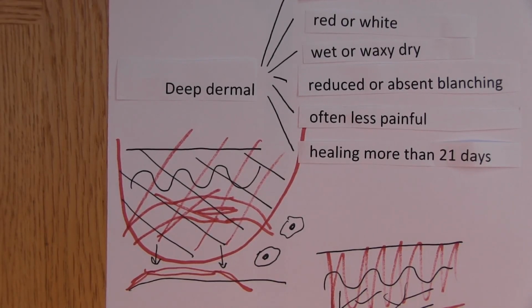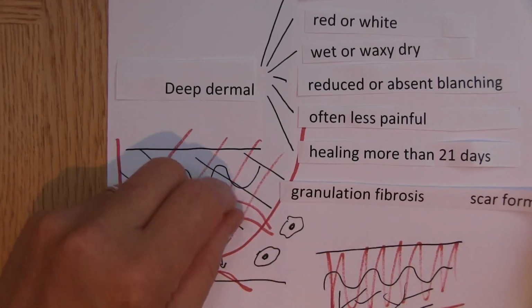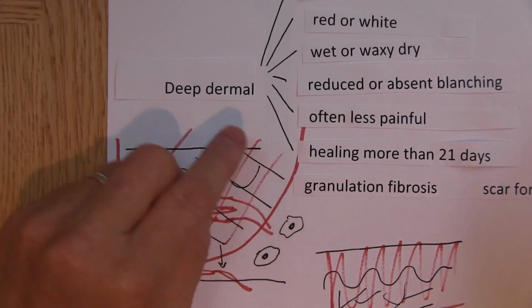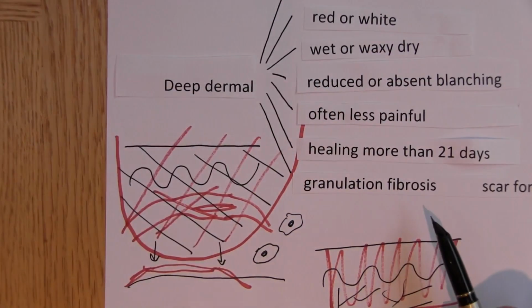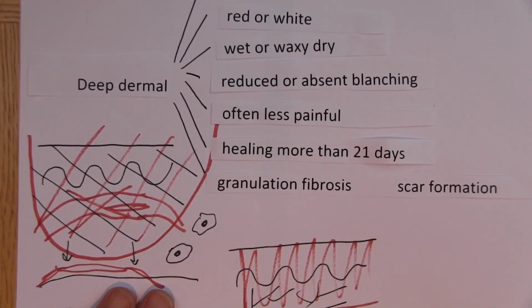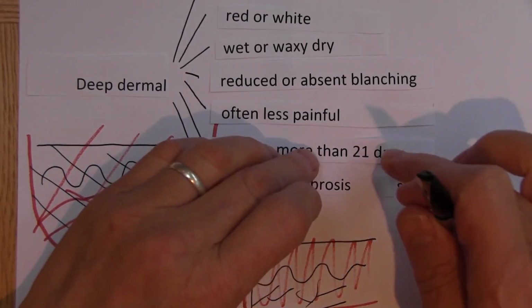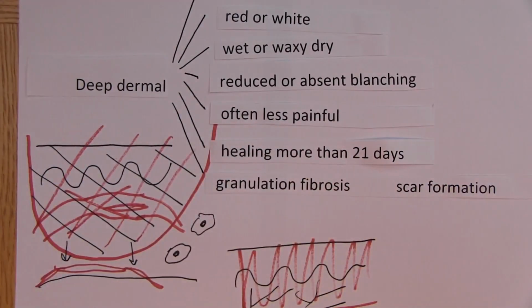Healing often occurs by granulation, development of granulation tissue. Now, we've looked at this in great detail if you want to look at the series on wound healing, Campbell teaching series on wound healing.